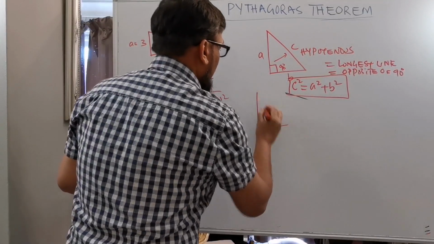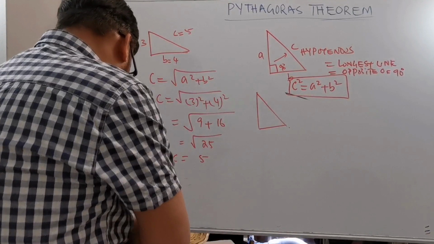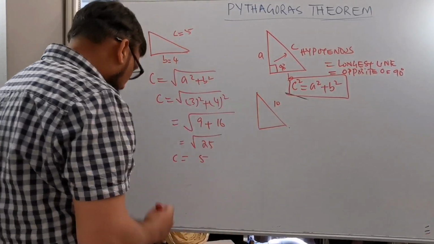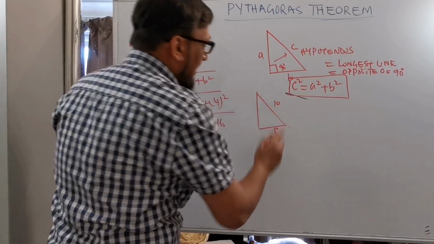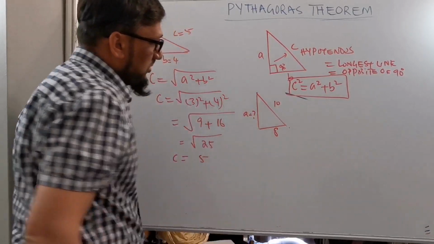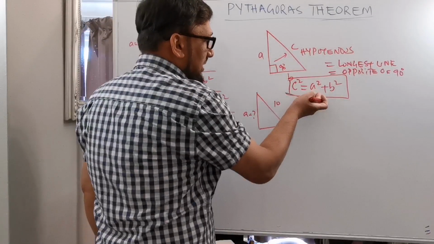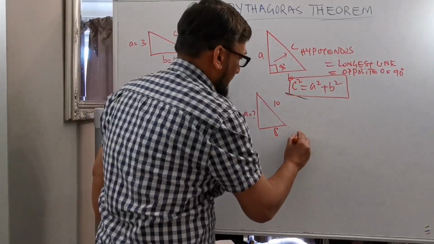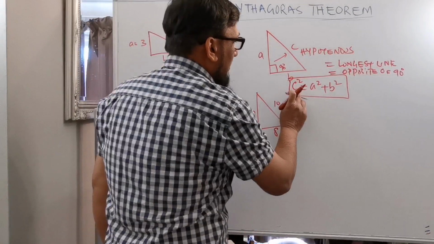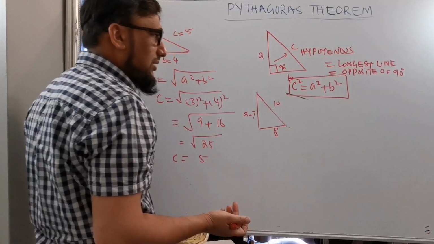Let's take another example. There is a right angle triangle, and this side is 10 and this side is 8. Now the value of A is missing, so we need to work out how to calculate A. We know C square equals A square plus B square.